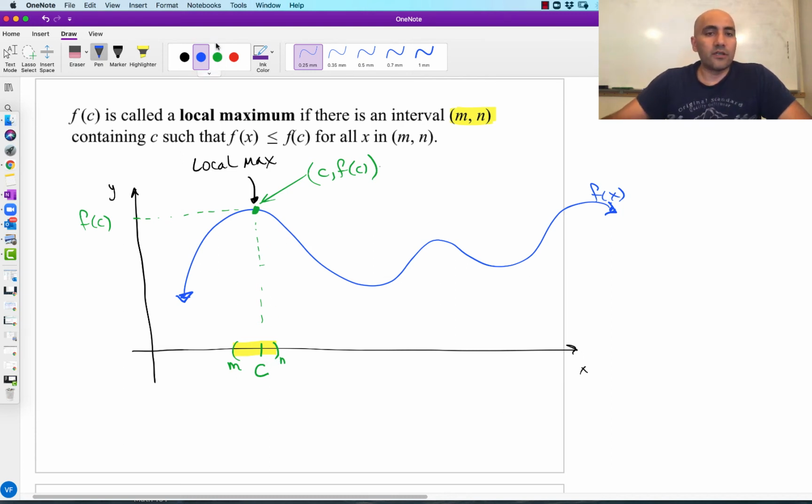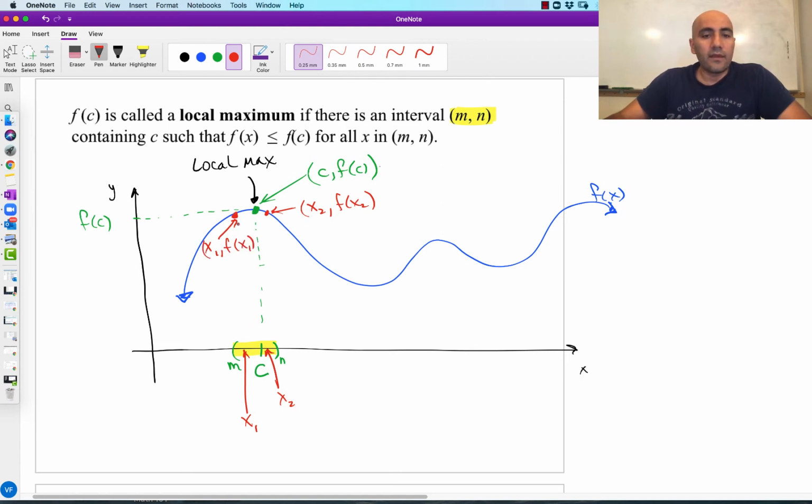In this little neighborhood, we're saying that f of c is the king of that little neighborhood. It's the maximum value. So if you pick any other value in that little region, x sub 1 maybe there, or maybe x sub 2 up in there, it doesn't matter where you pick it, it will always translate to values up here. So this one will be the point x sub 2 comma f of x sub 2, and this point over here will be the point x sub 1 comma f of x sub 1.